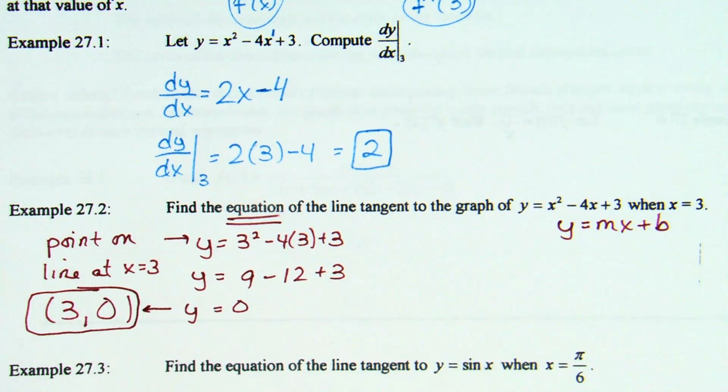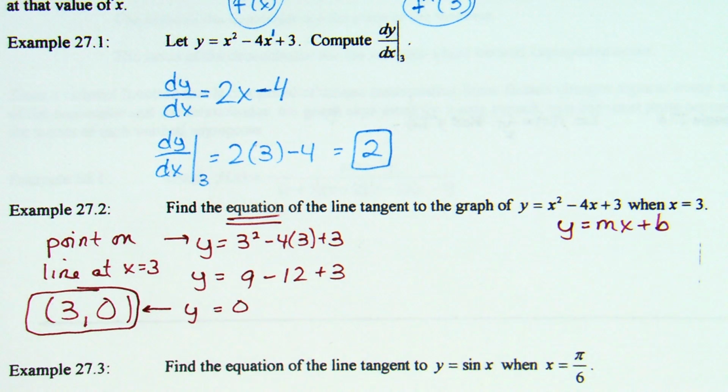Now, that's my point. What else do I need to write the equation of a line? I need a slope. How can I find slope? What we just did up top? That just so happens to be the same stuff.